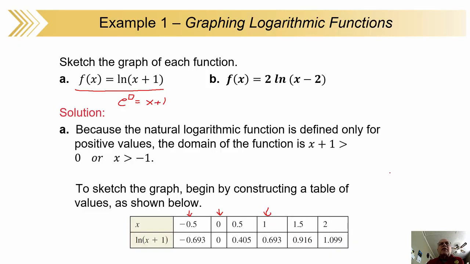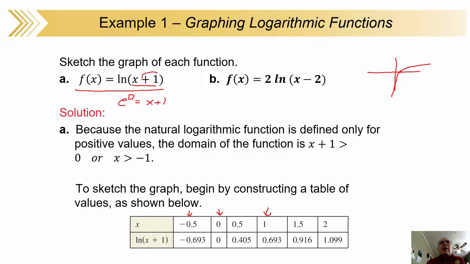Another thing you can do is, if you know what the natural logarithmic function looks like, see, we've got (1, 0), there's our point, and it's going to look something like that. So if you know that's the basic look to it, this is a small translation. This is a translation left to right.